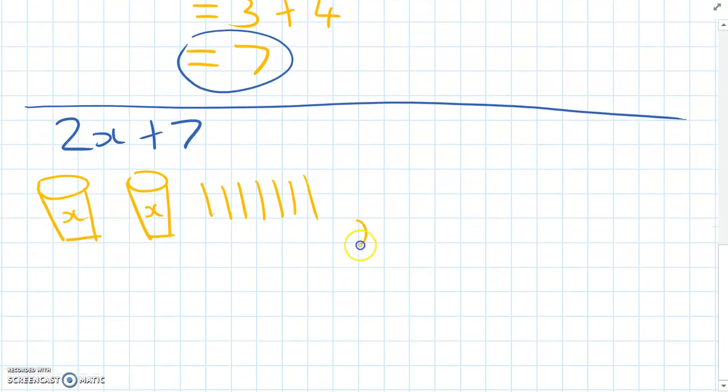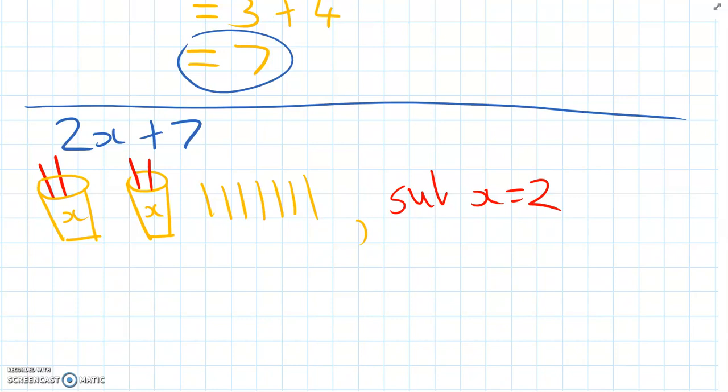Now if we want to substitute in a value, let's substitute x equals 2 in this case. Now we need to put 2 straws in each cup, because each of the x's is becoming the number 2. And now we can count the total and see that we have 2, 4, plus our 7, which is 11 in total.